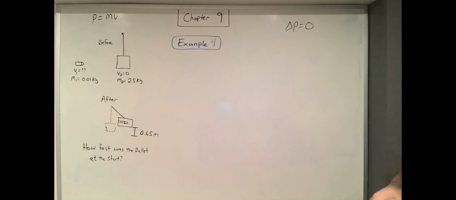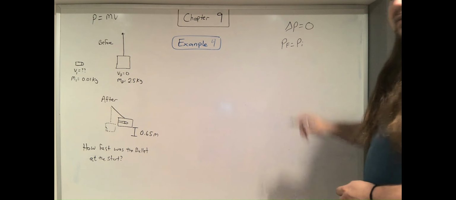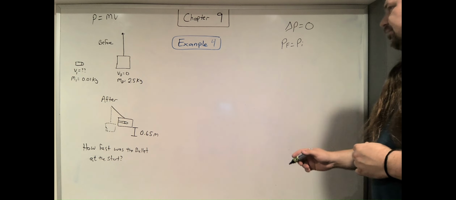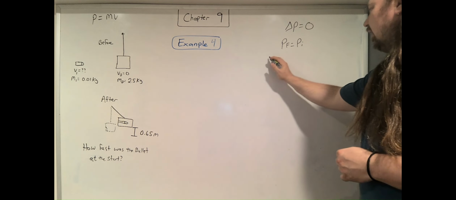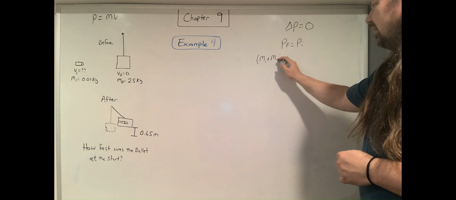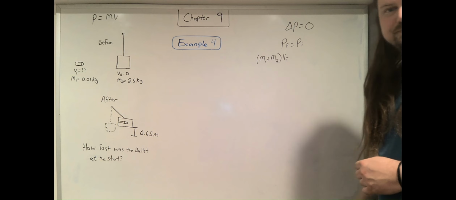Change in P is 0, which means our final momentum is equal to our initial momentum. If we look at the end, in the after result, I'm going to have mass 1 plus mass 2 traveling with some final velocity.